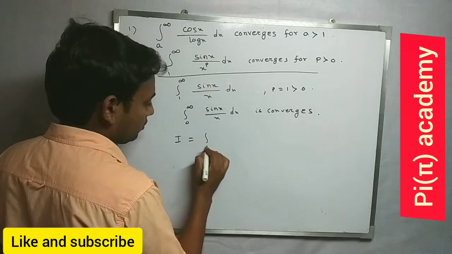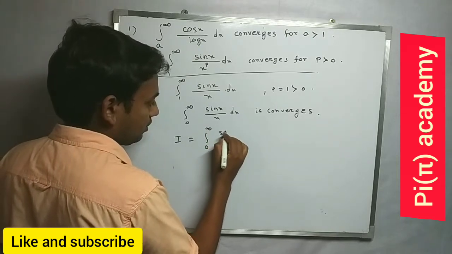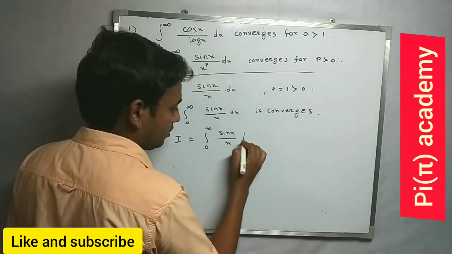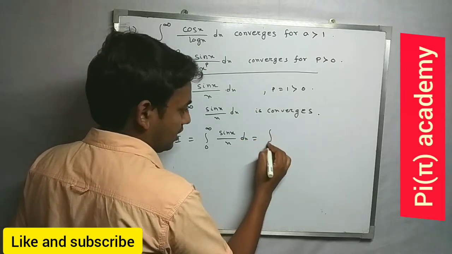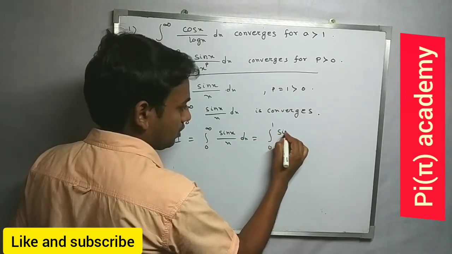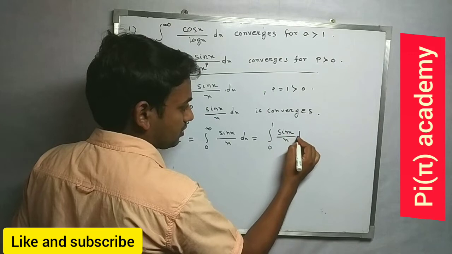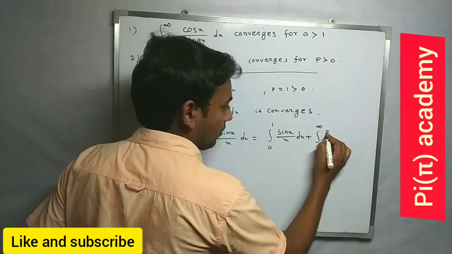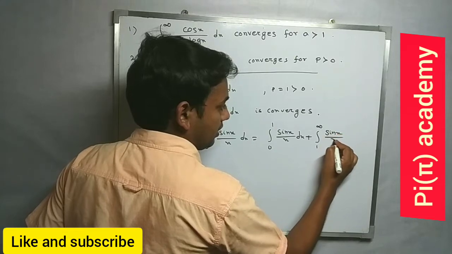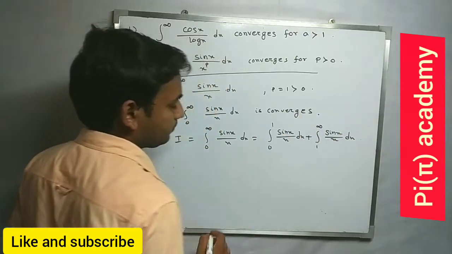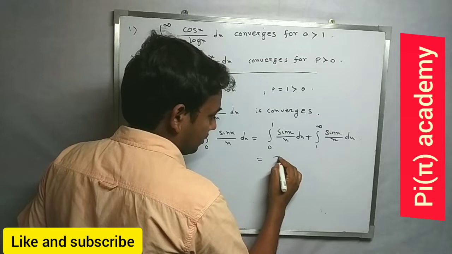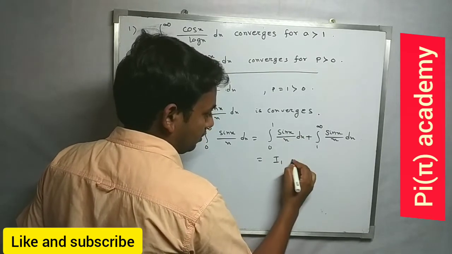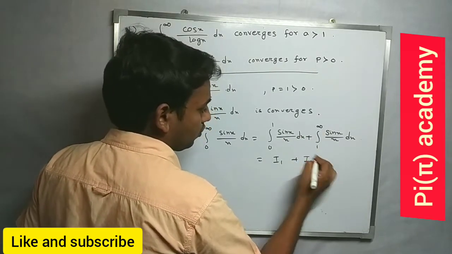Let I equal the integral from 0 to infinity of sin x by x dx. Write this as the integral from 0 to 1 of sin x by x dx plus the integral from 1 to infinity of sin x by x dx. Let this be I1 and this be I2.